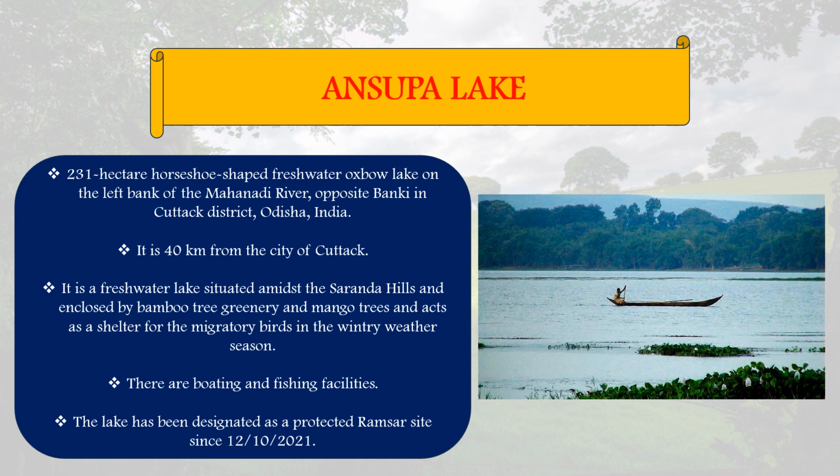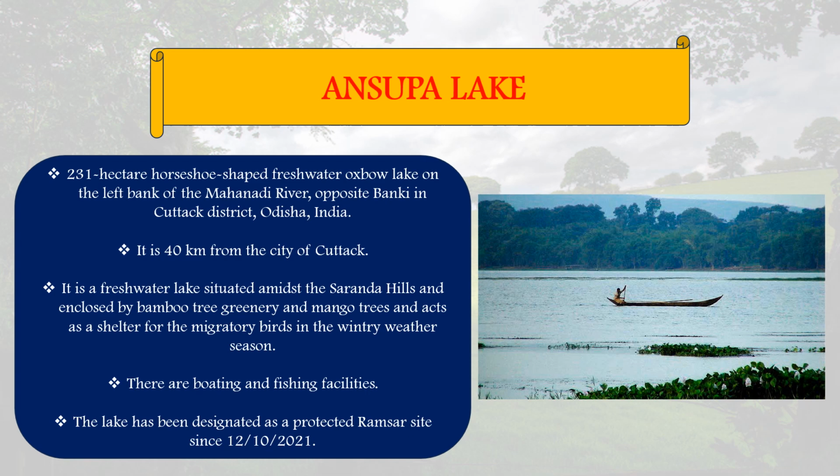Now, Ansupa Lake. Ansupa Lake is a 231 hectare freshwater lake on the left bank of Mahanadi River in Cuttack district, Odisha, India. And it's 40 kilometers from the city of Cuttack.